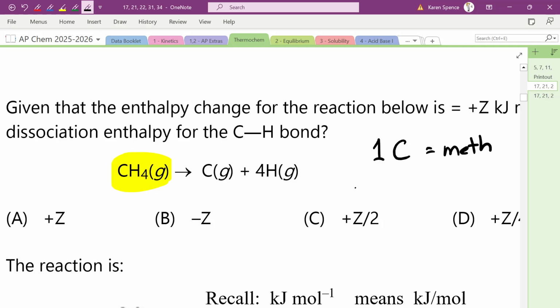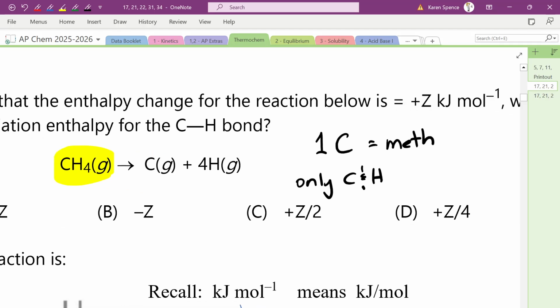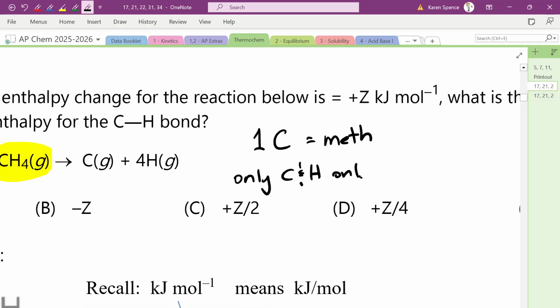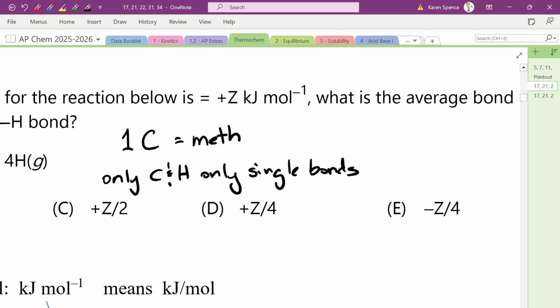If it's only carbon and hydrogen and only single bonds, that is what we call an alkane, which means the end of the name is ane. So we have methane.